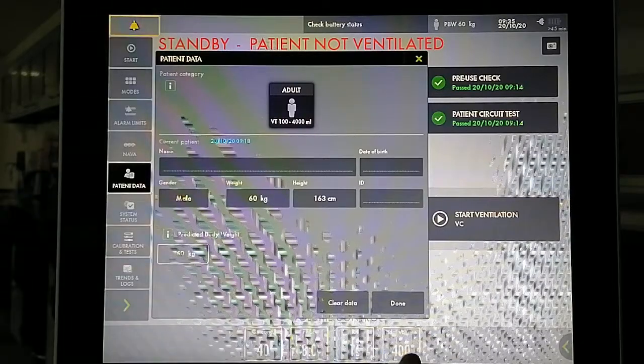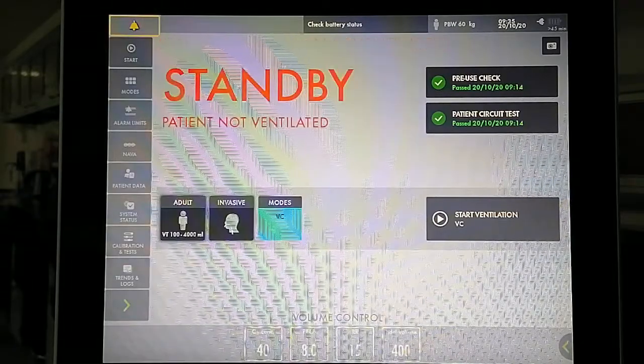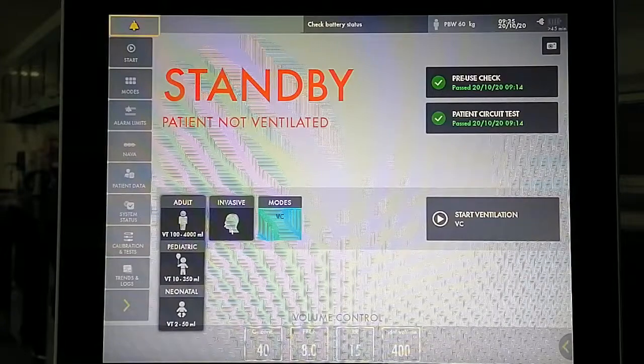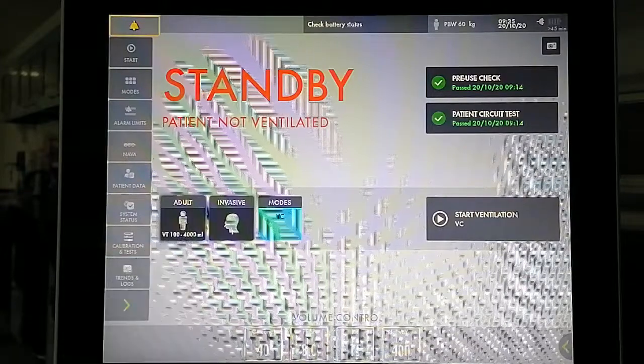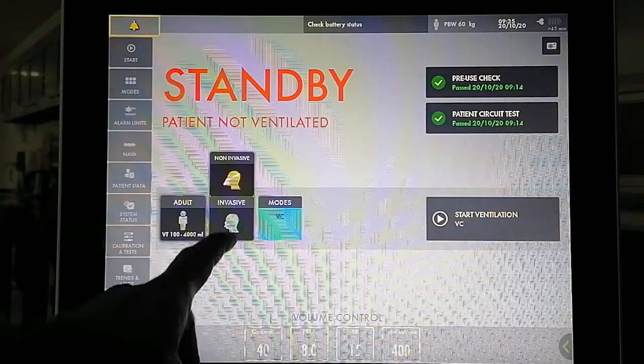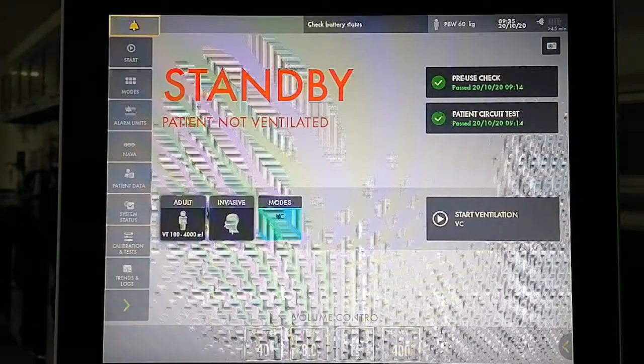Once we're done with the patient data, you just press okay and go to the main screen. As you can see, you can again select the type of patient you want to ventilate, non-invasive or invasive. In this case we're providing invasive ventilation, which means intubated patients. Then we go to the modes of ventilation.